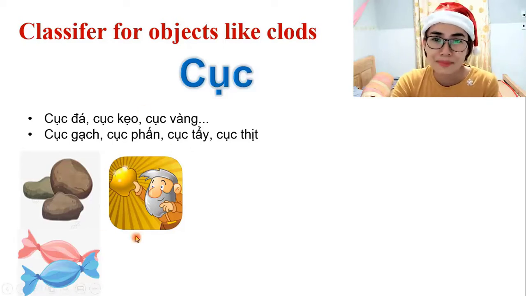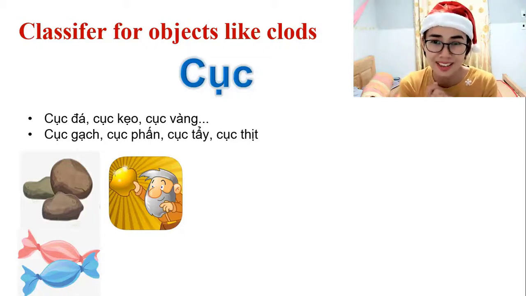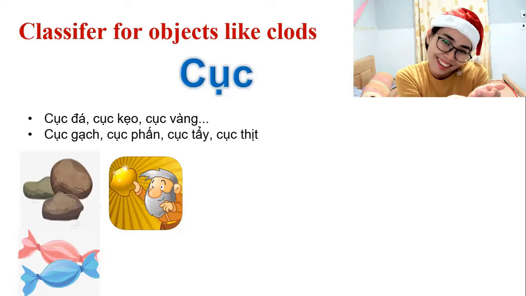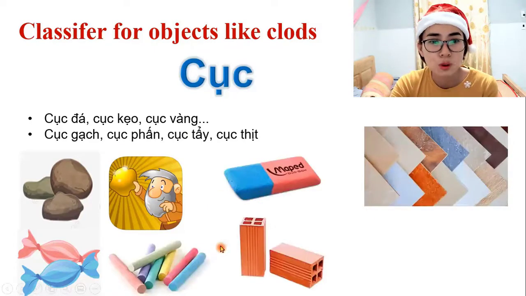But I put the gold here because we say that too. Also, we can say cục vàng to talk about our dear children, our dear son or daughter. Say cục vàng, like, oh, very lovely, very precious. Oh, honey, like that. And we also use cục for this.